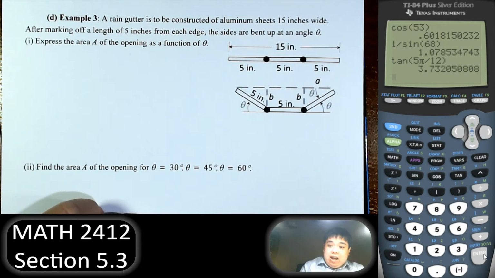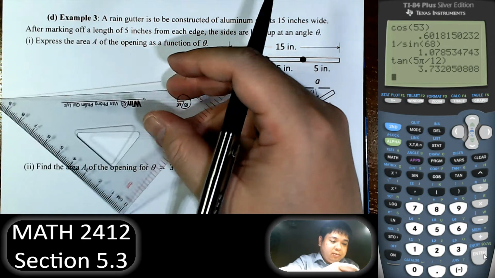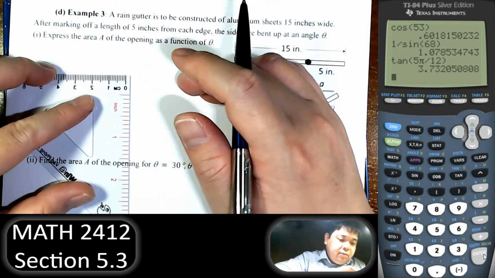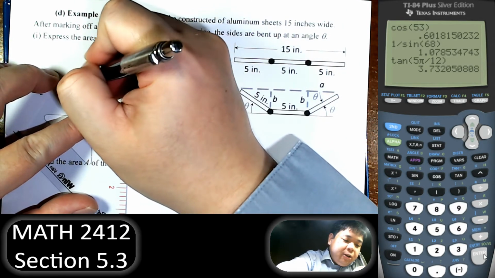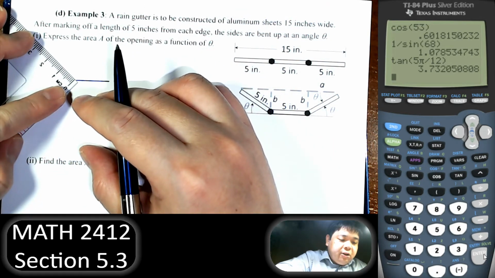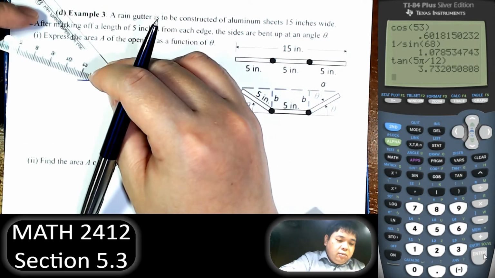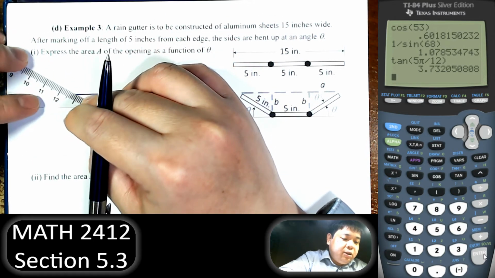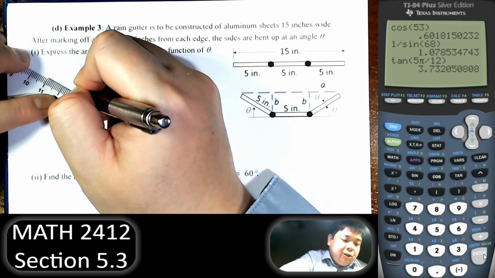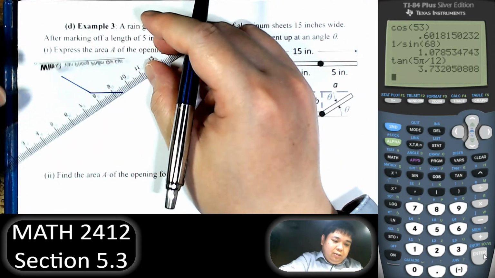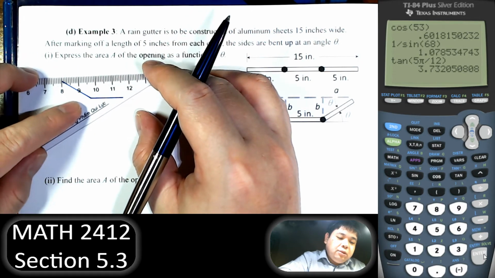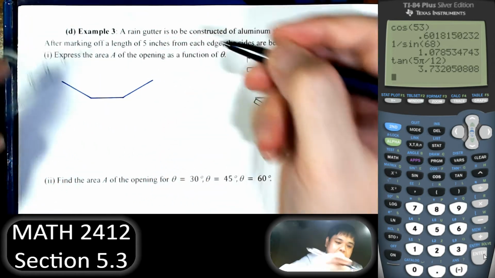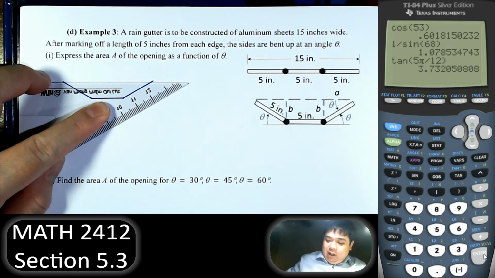Right. Now how do we find the area of the cross section? By the way, let's just draw this without all the other details. Right, I see that is the cross section area.